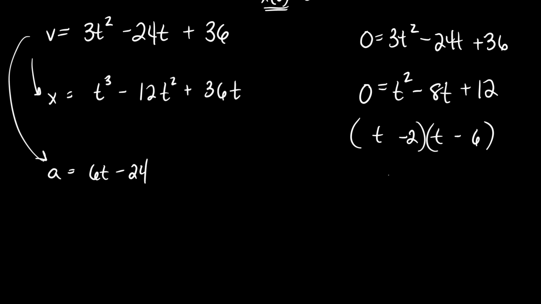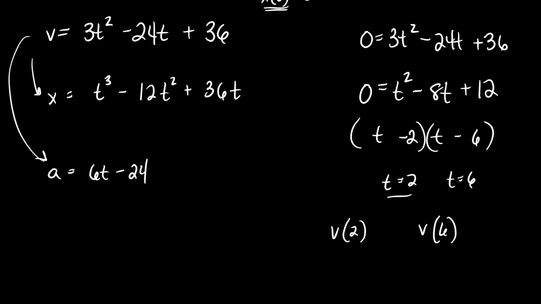So with that, I find that the velocity is 0 when t equals 2 and when t equals 6. They are both positive. So if I want to find the position when the velocity is 0, I need to find x at 2 and x at 6. Would you guys be okay if I didn't do that and you just plug it into your calculator?